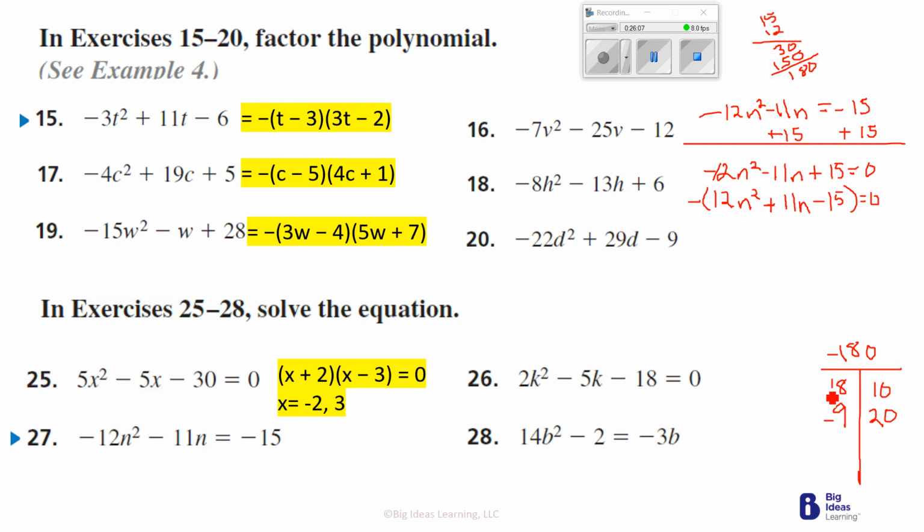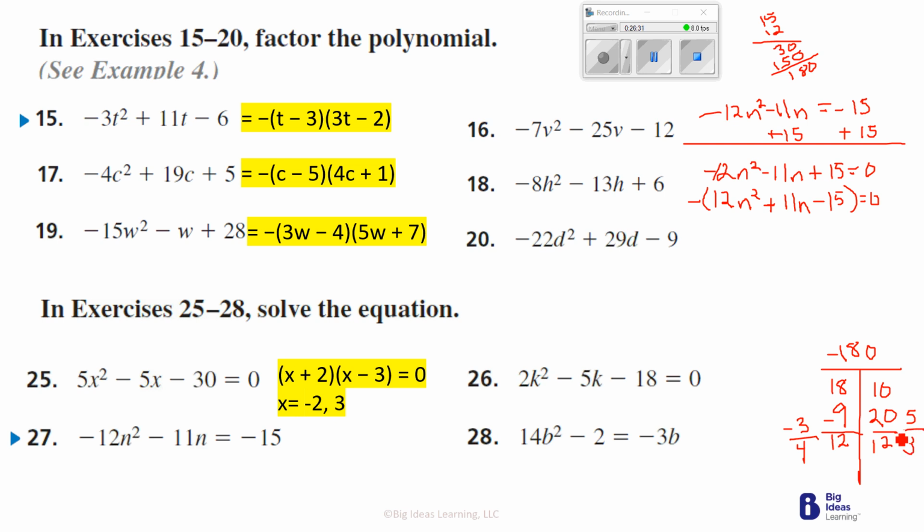Okay, so now that I know this, I have to divide both of these sides by 12. I know 9 over 12 can be reduced to negative 3 over 4. I know that 20 over 12 can be reduced to, both of these are divisible by 4, so this would be 5 over 3.